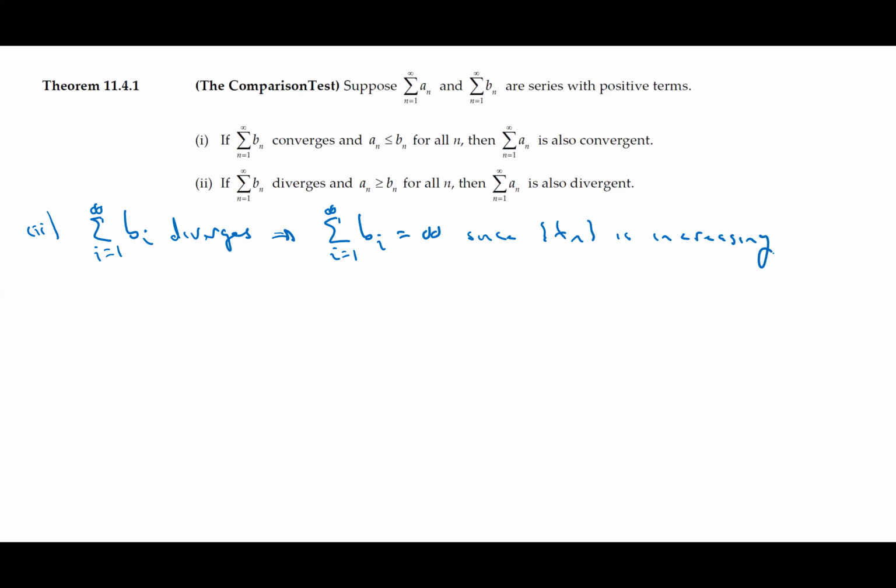We have positive terms, we keep adding and adding and adding, so if we have divergence, they must be blowing up to infinity. Well, we also know that AI is greater than or equal to BI. So I have Sn greater than or equal to Tn for all n. And so what does that tell me? Well, this thing below, the Tn's, are going to infinity. So those are pushing the Sn's higher and higher and higher.